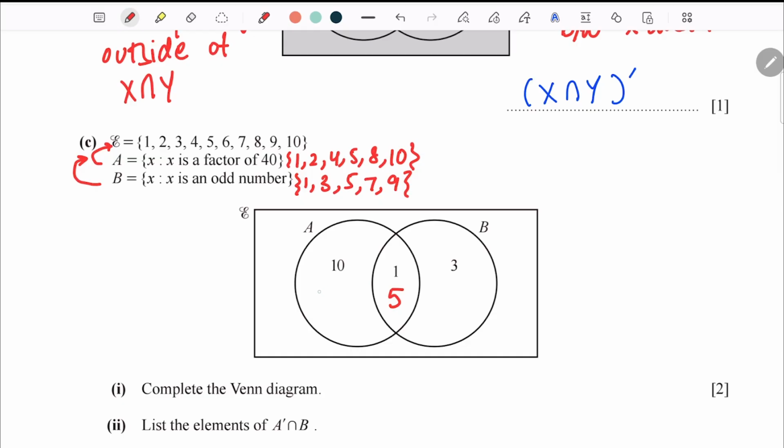So in this A region, I'll write those terms that are only present in A, which are 2, 4, and 8. And in this B region, I'll write those terms that are only present in B, which are 7 and 9.